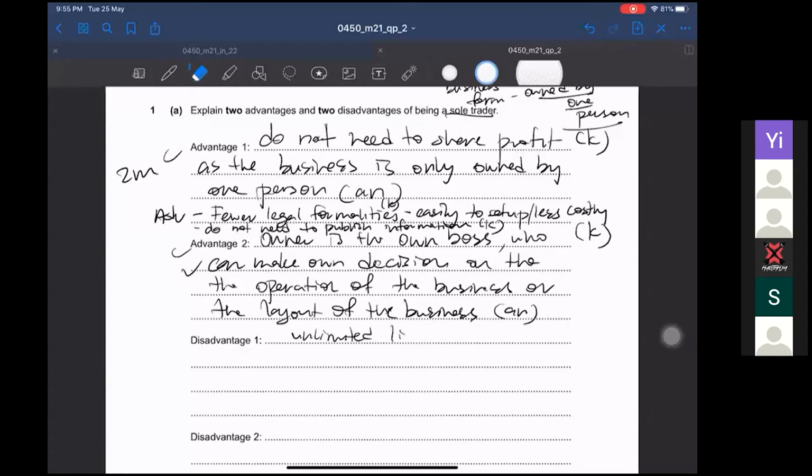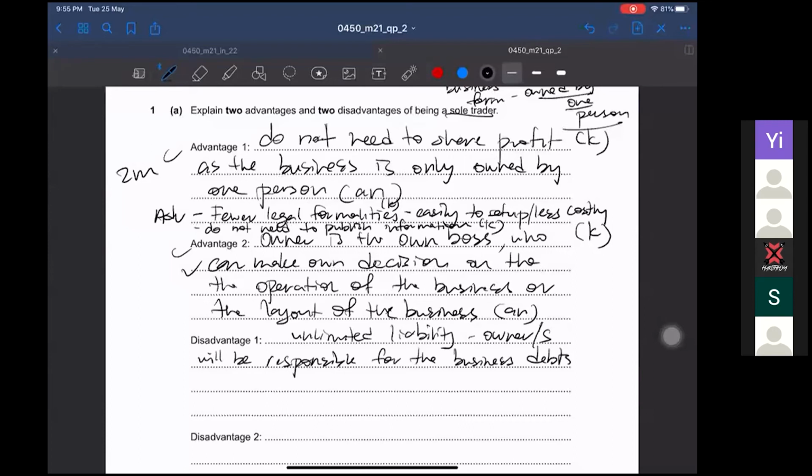Unlimited liability means the owners will be responsible for the business debts. So unlimited liability is your knowledge, and this explanation is your analysis.